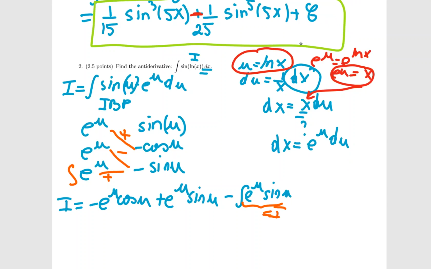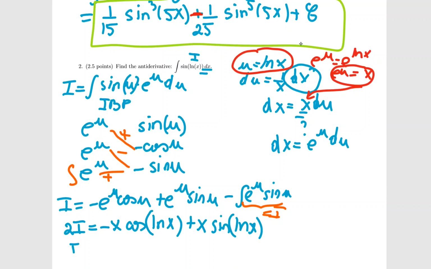So then when you add I to both sides, you'll get 2I equals negative e, well, u is ln of x, so negative e to the ln of x, or you can think that e to the u is x, so we can straight put that e to the u is x, cosine of u is ln of x, and then plus x sine of ln of x.